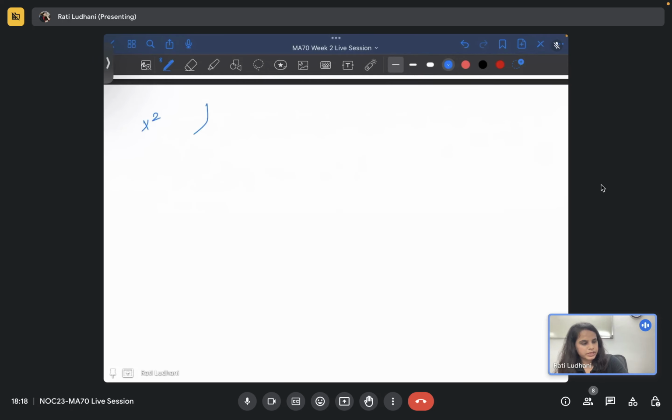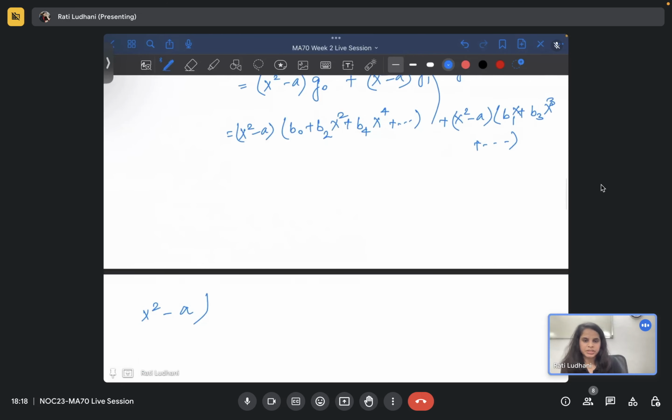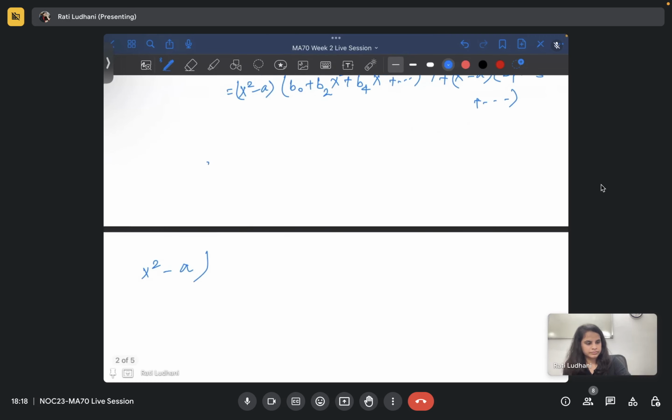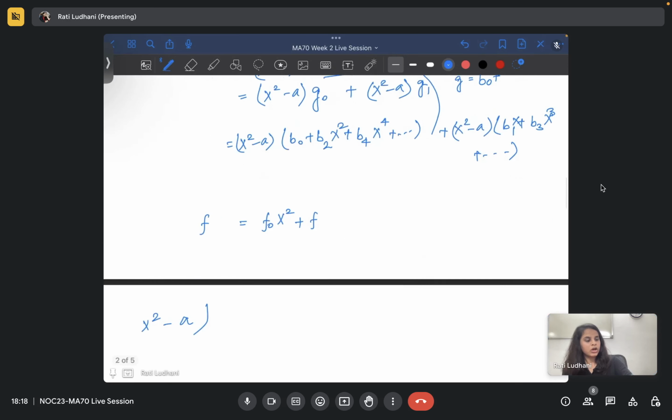So if you take x square minus a, at least in my explanation, the remainder will have this term. We can write f as f0 of x square plus x times f1 of x square. No, what? Means we are replacing x by x square. Okay. f0 is in x, so x is replaced by x square.